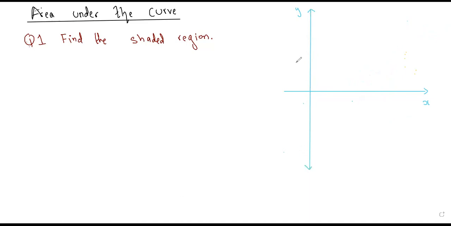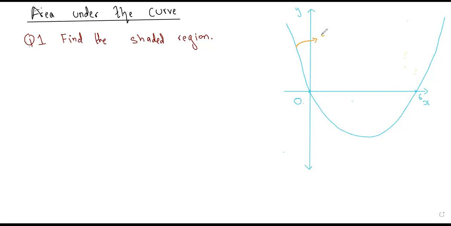Okay. Now I am going to make the curve. So it is a parabola, something of this type. This point is 0. This point is 6.